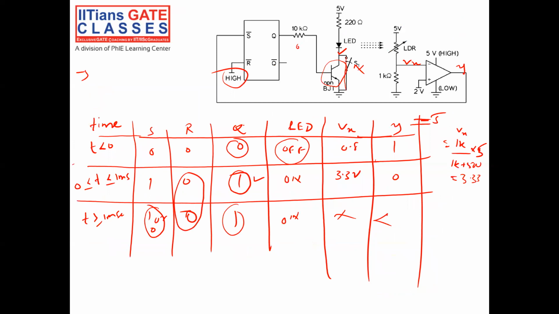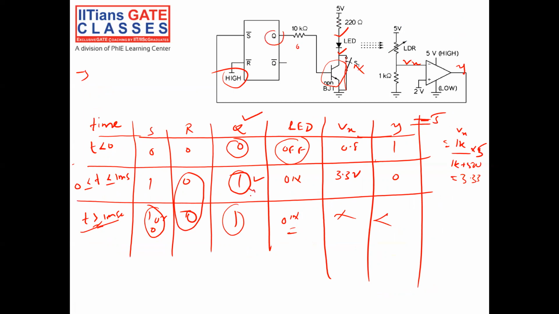Since Q is equal to 1 every time after t greater than 1 millisecond, my NPN will be on. Since my NPN will be on, current will flow and the LED will be on. So for t greater than 1 millisecond, my LED will be on forever, because there is no way my Q will go from 1 to 0.